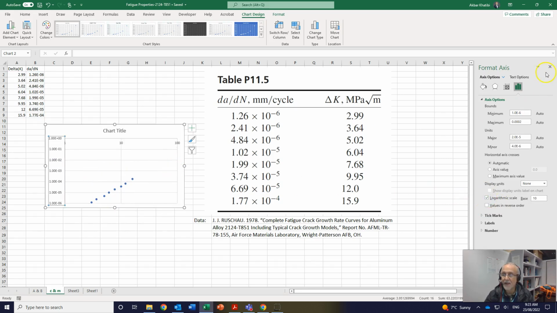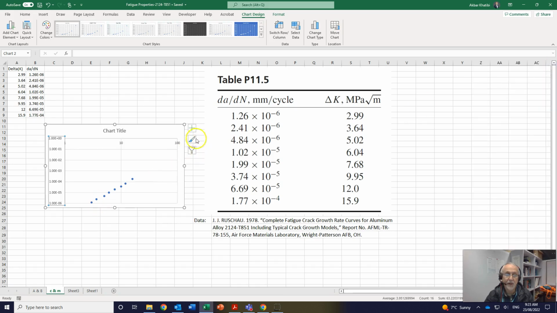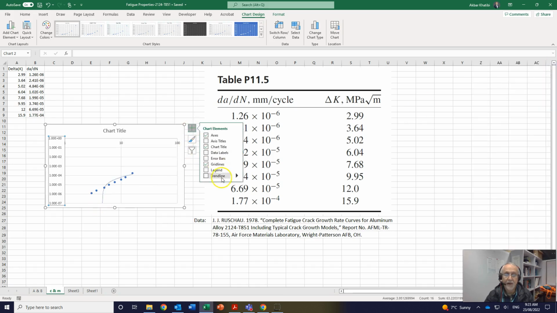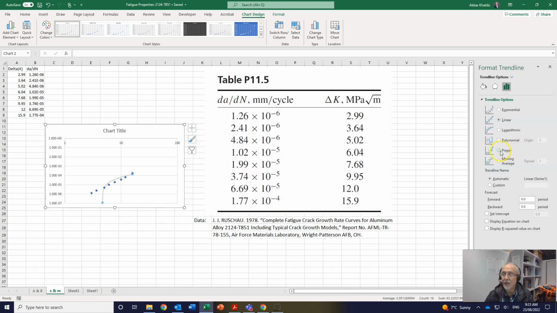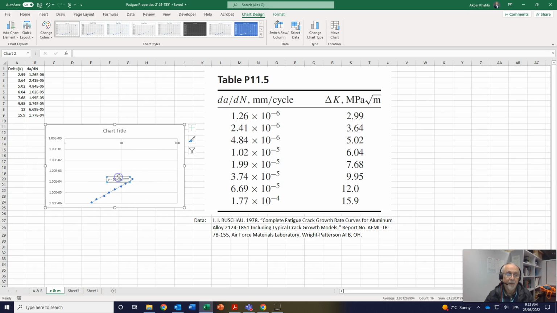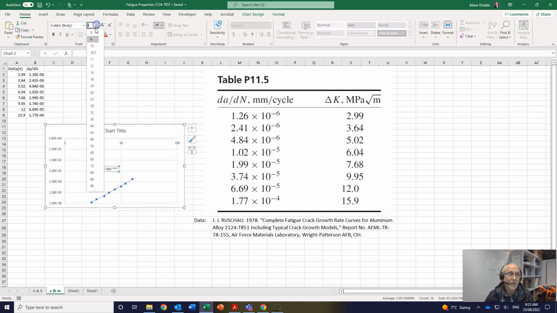As you can see, now we have got almost a straight line, and then if I add a trend line here, which will be a power, I can ask for the equation. So then we have got our C and M values here. What we have got is 5 times 10 to the minus 8.